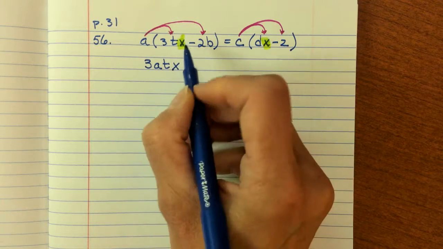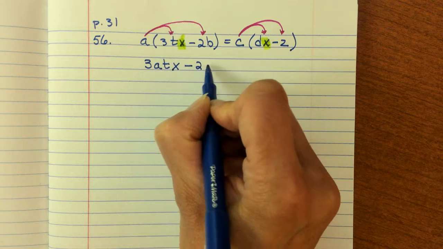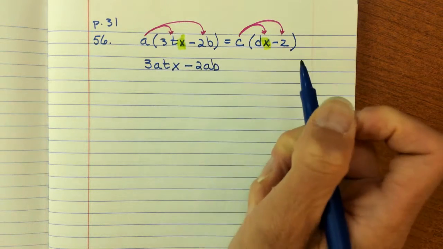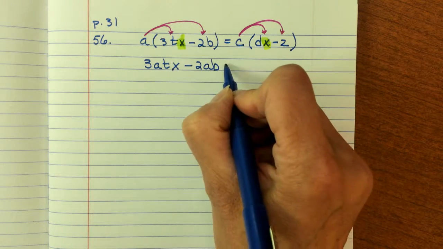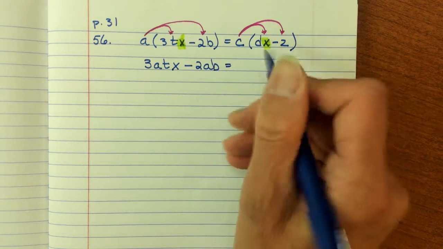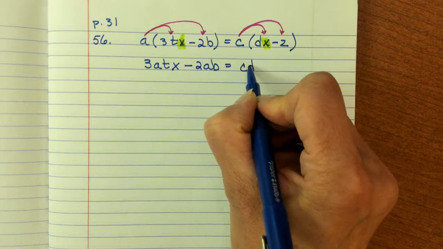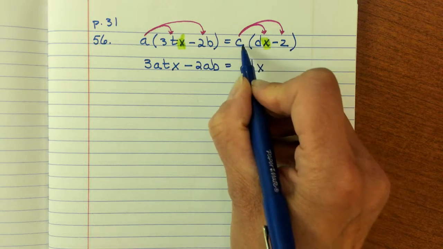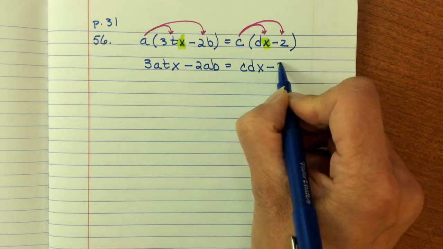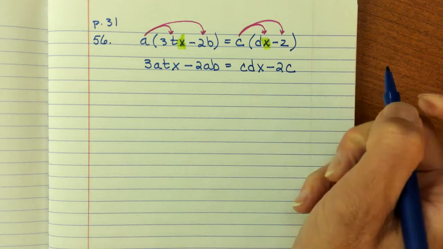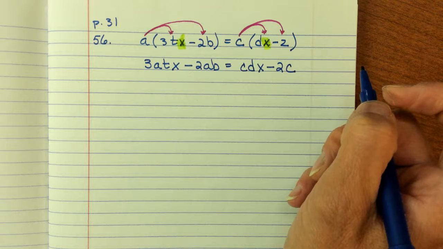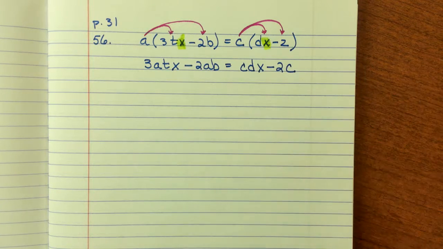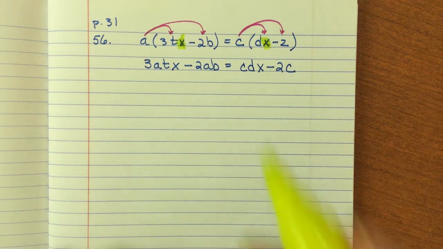A times negative 2b is negative 2ab. I simply just put in alphabetical order. Then this equals c times dx is cdx, and c times negative 2 is negative 2c. Okay, so now my x is no longer in a group, is it? But it's in two separate locations.